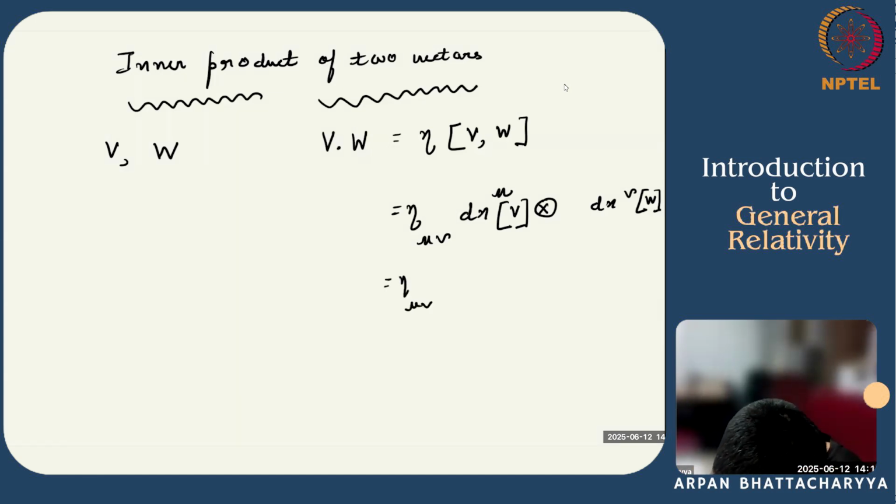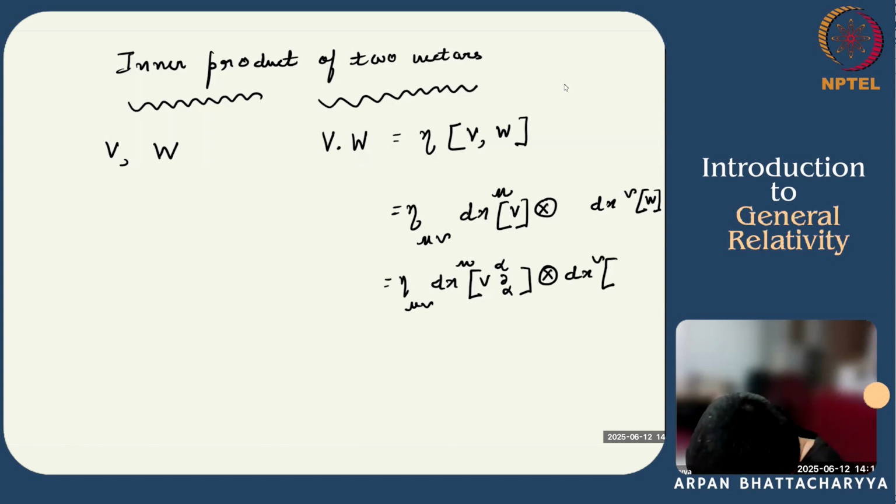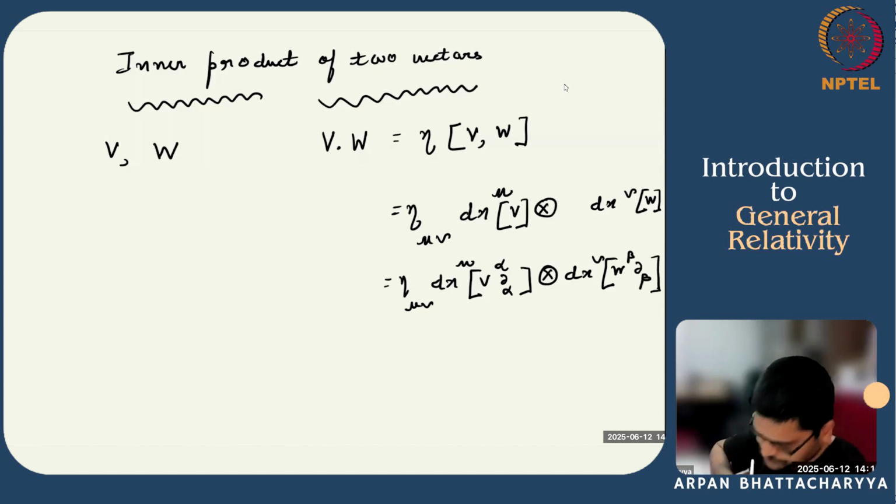Now writing v and w itself using components and a basis. Again, these are linear maps, and this is a number. It will go out.